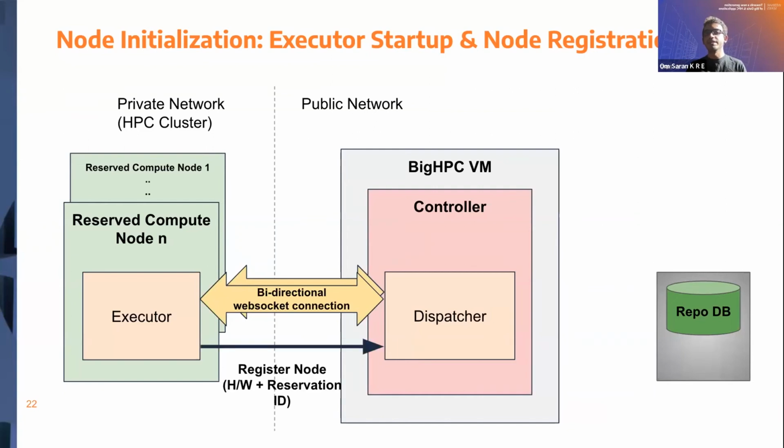It does that by communicating with the dispatcher and invoking an RPC call, giving the hardware information and the reservation information to the dispatcher. And the dispatcher makes an entry into the database saying that a new node is now available for scheduling. So this is how the compute nodes in the HPC cluster are initialized and ready to be used by the BigHPC framework.